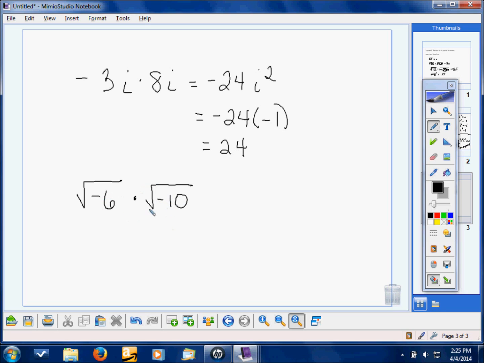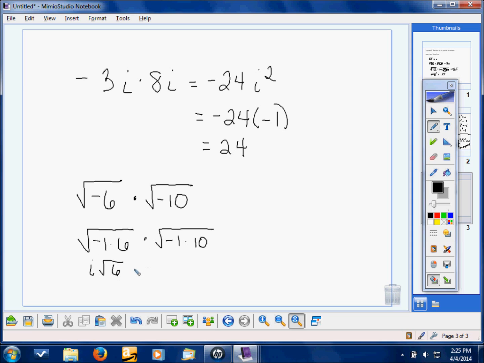Before we can start gathering up under the same radical, we have to take out the i's. So here, this one has an i in it. This is really negative 1 times 6, and this is a negative 1 times 10. So this is i times the square root of 6, right?